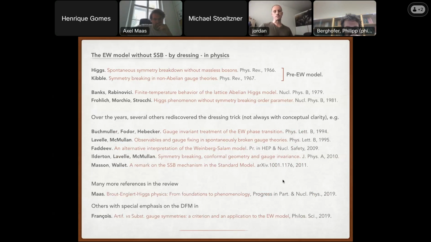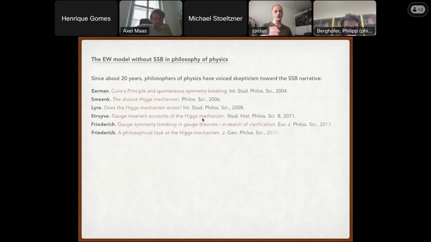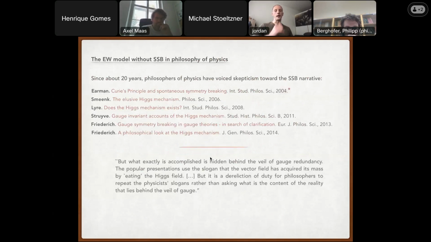But again, it was more philosophy of physics oriented, and precisely in the last 20 years, it's more often philosophers of physics that have been interested in this, starting with a paper by Friedrich in 2004, and then many other authors have been rediscovering for themselves this trick, this decomposition, this SU2 elimination, and engaging with what it means for the interpretation of the electroweak model in particular.